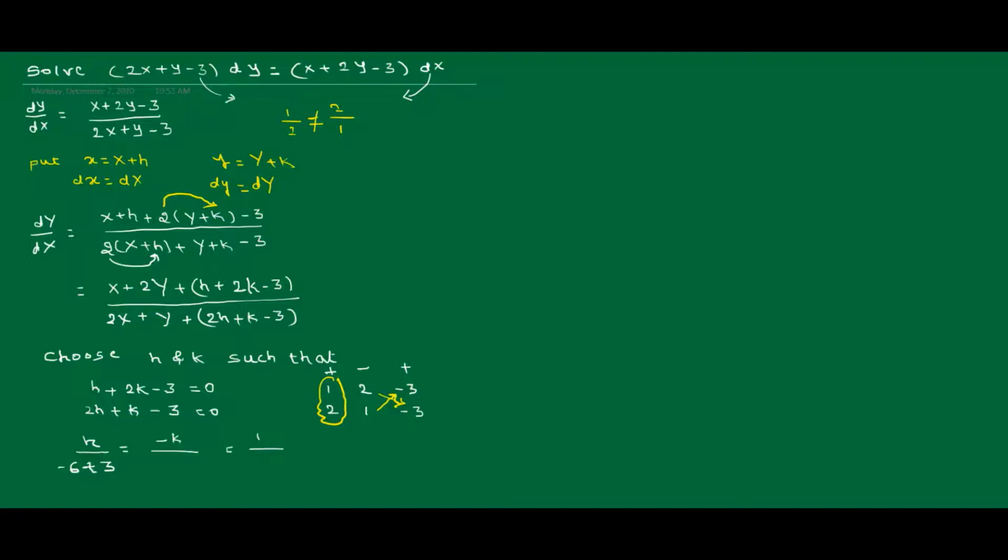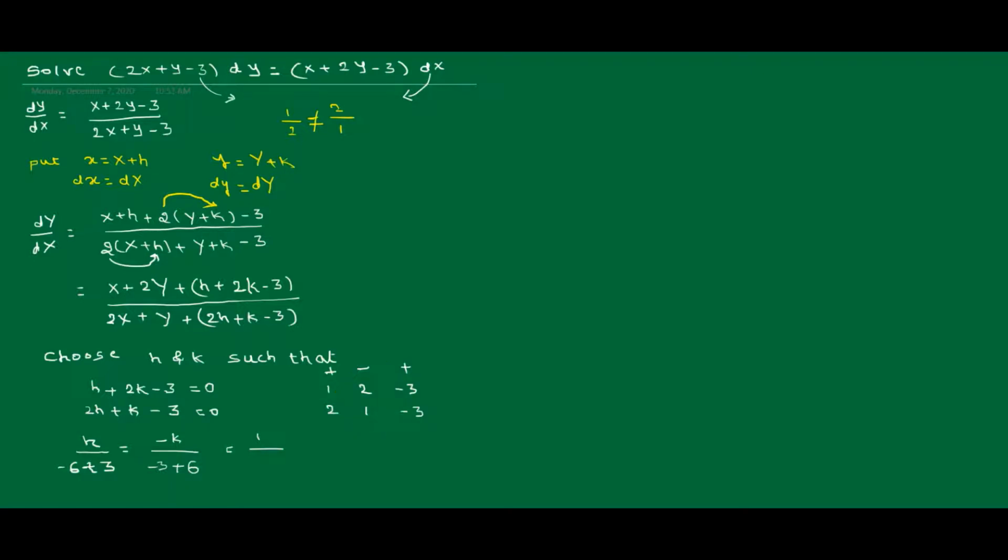Next, for the second one, leave the second column and use cross multiplication: 1 into minus 3 is minus 3, with the minus sign, and then 2 into minus 3 is minus 6, and with the minus sign, the total is plus 6.